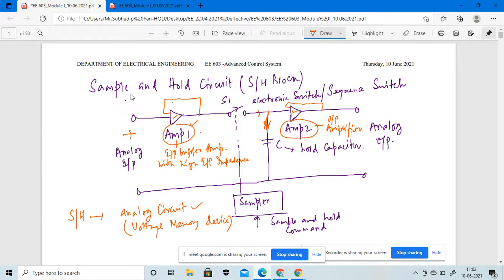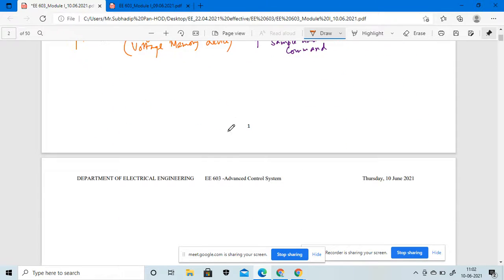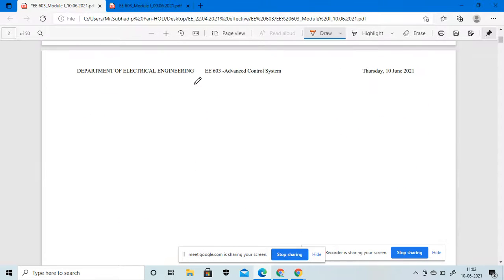In the case of a sample and hold circuit, there must be two modes of operation.